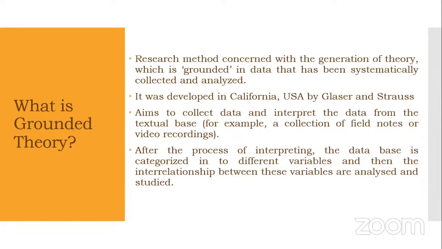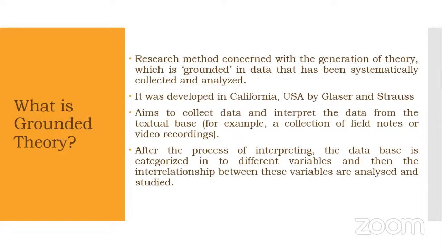This method aims to collect data and interpret the data from a textual base. Now, this textual base can be anything. It can be a collection of field notes, video recordings, interviews, anecdotal records, anything can be considered.